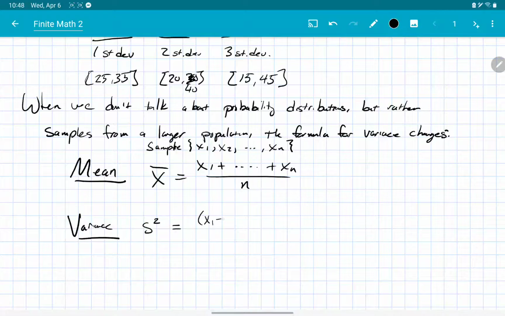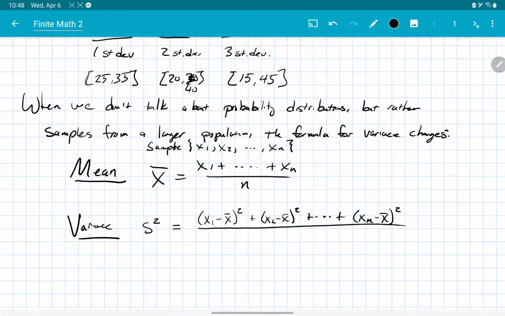We take the first outcome minus the mean and square it. The second outcome minus the mean and square it, all the way to the nth sample minus the mean and square it. Now, if we were just doing what we did before, all of these have probability 1 over n, because they all occurred once. So we divide by n.